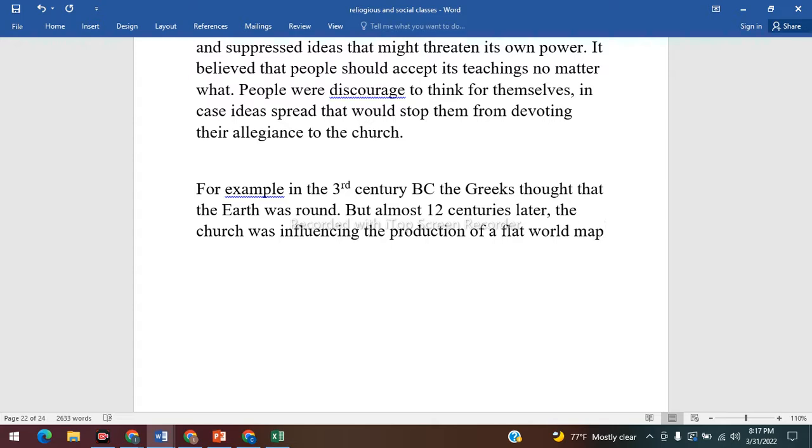So even years after the Greeks said, "Hey, guess what? The earth is round," the church was still holding on to the belief that the earth is flat, and still spending lots and lots of money to produce maps that are false, that present the earth as flat. And of course it did work because they had the money to do it. Anyway, the church. Any questions before I move on?